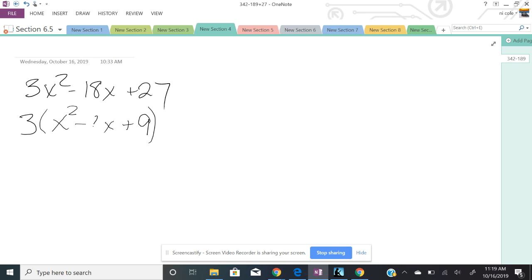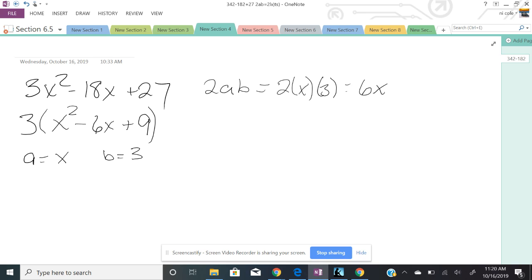All right. Now I can see this number here is a perfect square, and this number here is a perfect square. So that would make my a x, and my b, what times what is 9? That would be 3. 3 times 3 is 9. Okay, so now let me check. Is 2ab equal to 2 times x times 3, which gives me 6x?